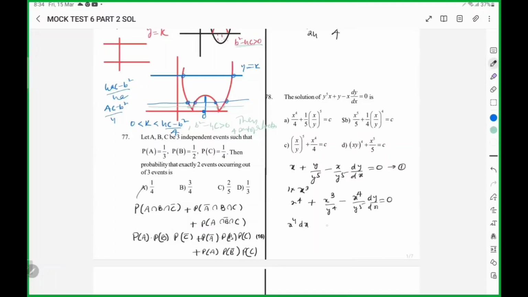This we can write as x cube dx minus x power 4 dy.